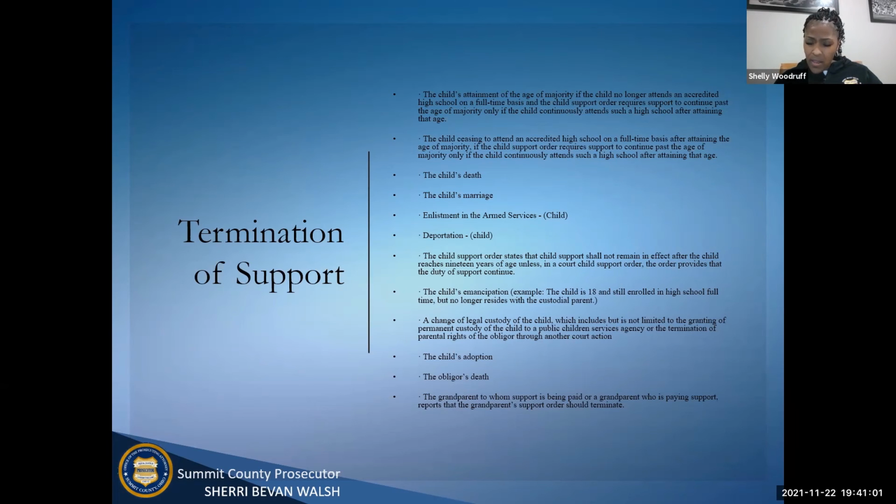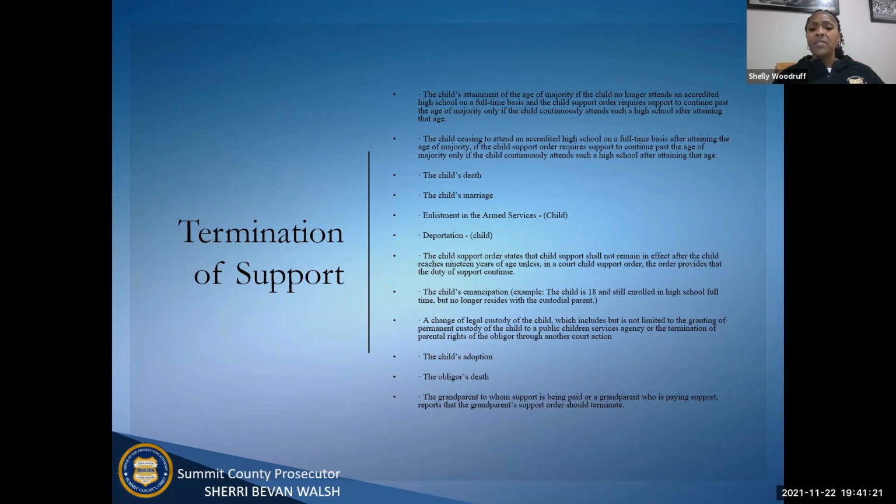The obligor's death: if an obligor that is ordered to pay support passes away, then that will cause the case to terminate. And then the grandparents to whom support is being paid, or a grandparent who is paying support, reports that the grandparent support order should terminate.